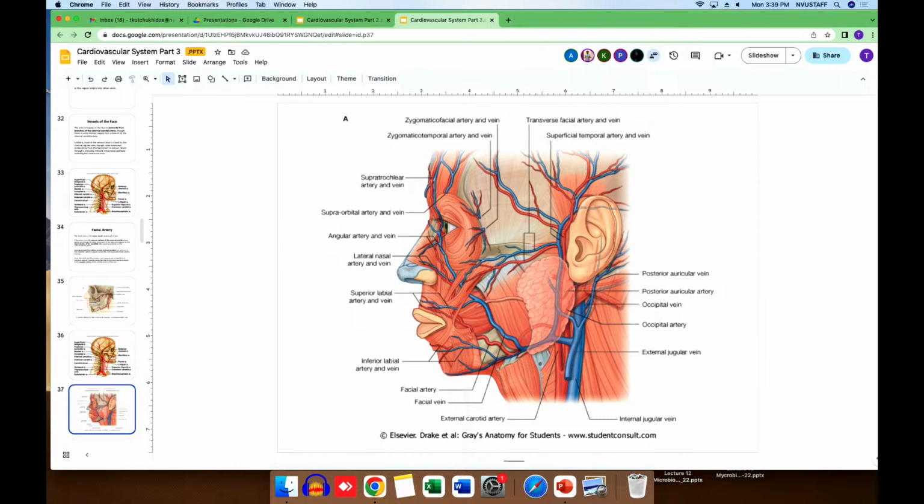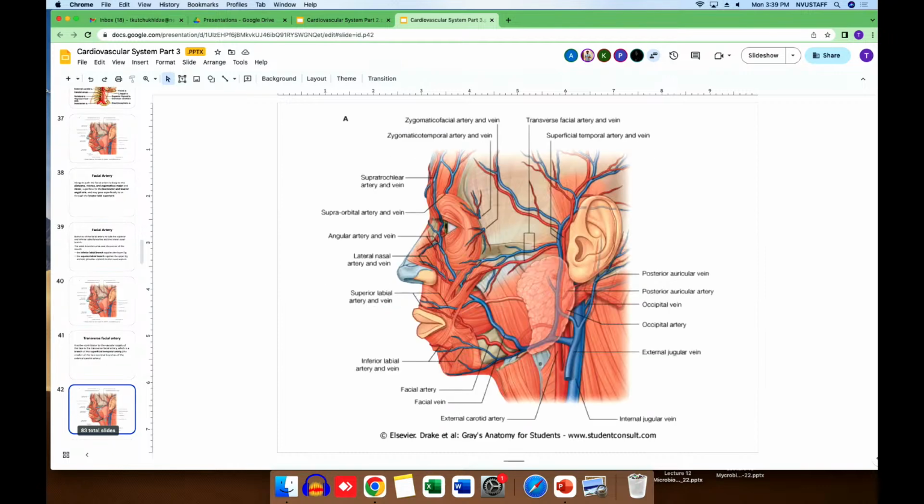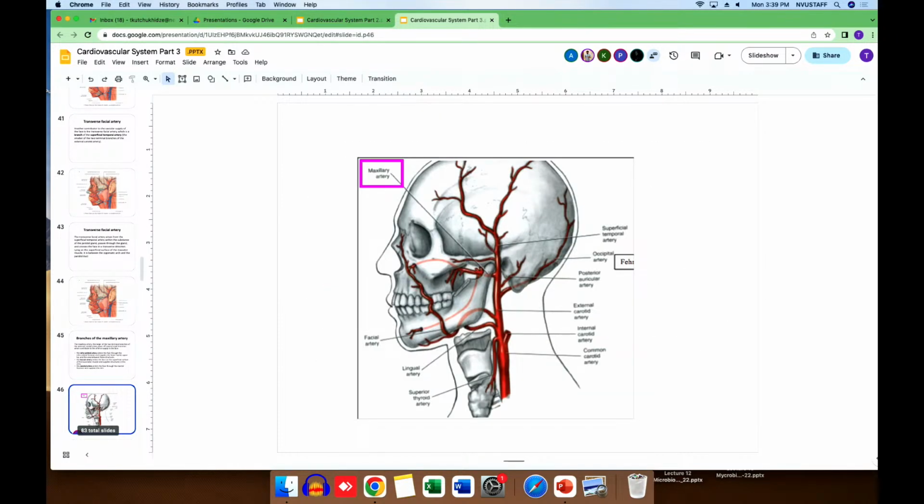So here on this photo, we can see very well the blood supply that we have discussed. We have the external carotid artery, right? It gave a branch to our facial artery that went medially, right?